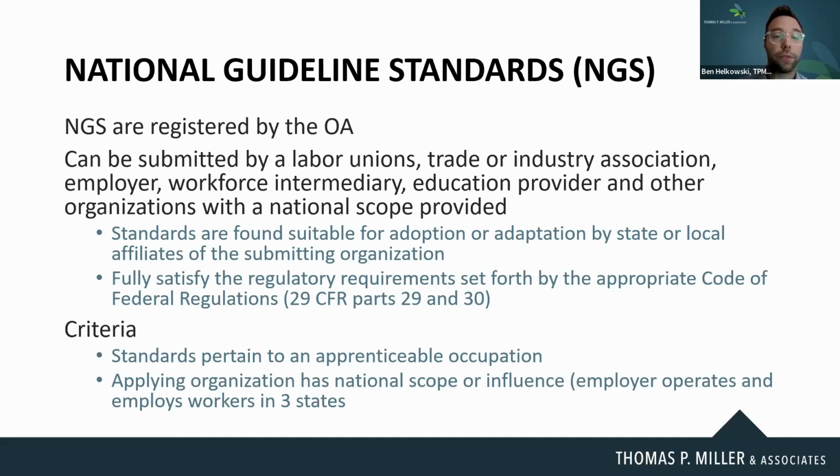Their standards are found suitable for adoption or adaptation by state or local affiliates of the submitting organization, and the programs can fully satisfy the regulatory requirements set forth by the appropriate code of federal regulations. Other criteria include that the standards pertain to an apprenticeable occupation, and the applying organization has a national scope or influence.